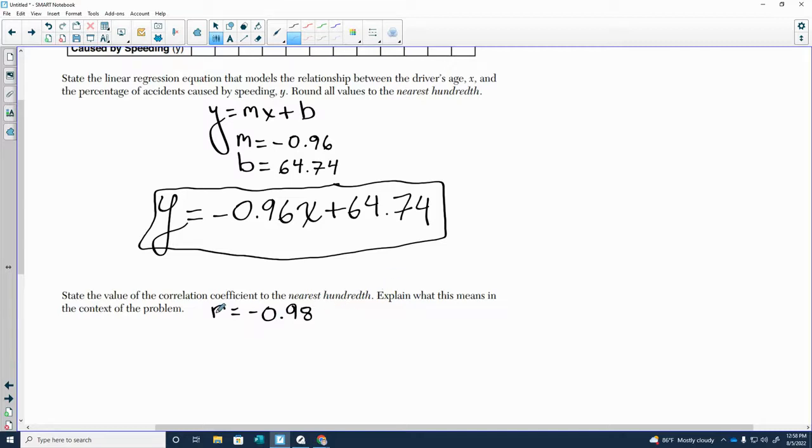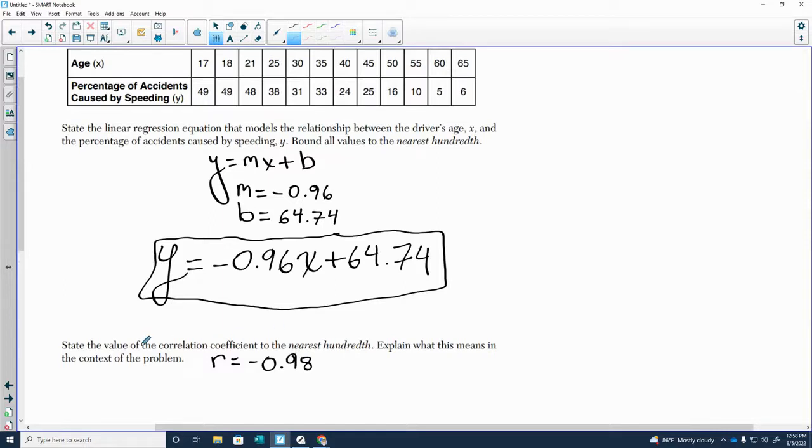Well, as our correlation coefficients get closer to the number 1, they become super, super strong indicators that this data, this information is correct, or there is a correlation. So negative 0.98 means that the number is still close to negative 1, which also means it's super strong, but this means that it's a negative correlation between the age of a driver and the percentage of accidents caused by speeding. So I'm going to write exactly that using those words in my explanation.